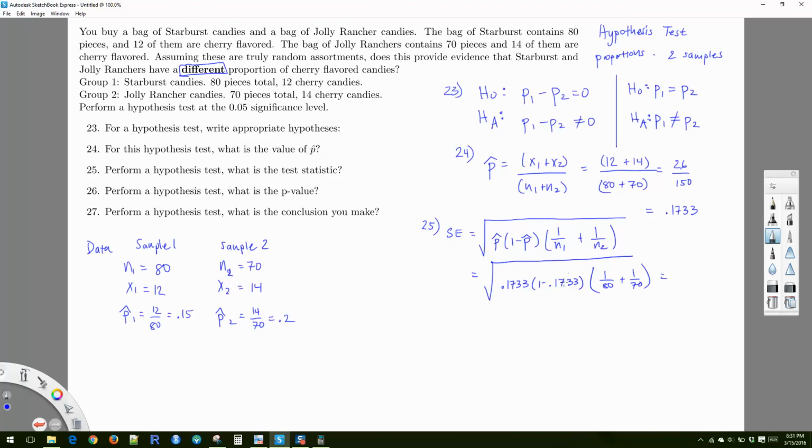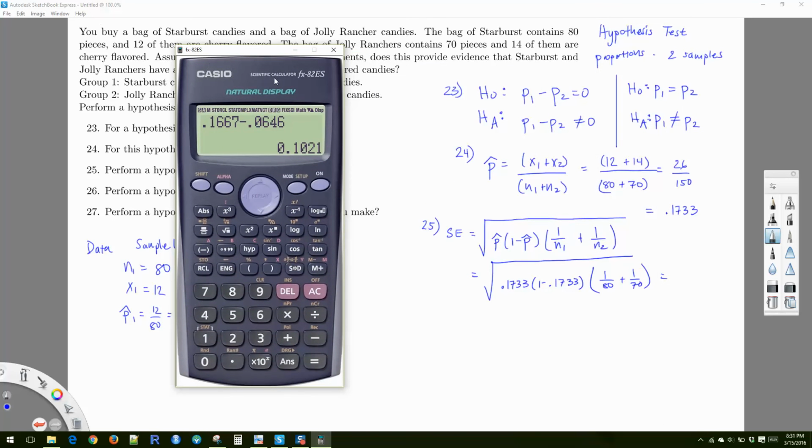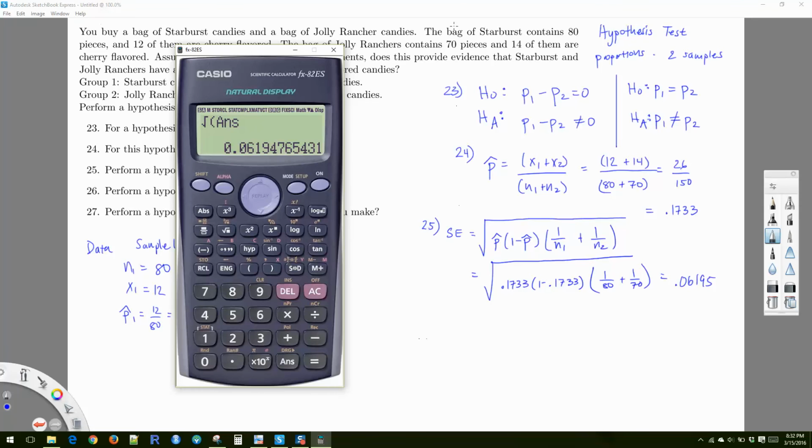So I'm just plugging in the values here. We're going to get some kind of number here. Get the square root of that. 0.06195.